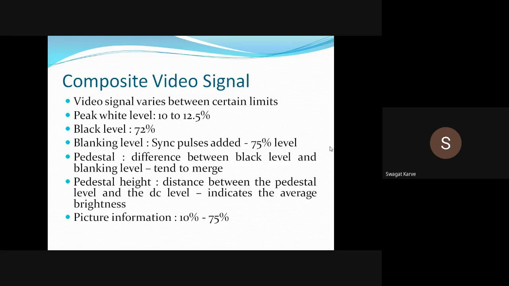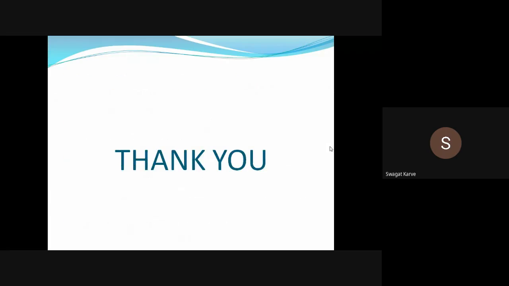Then you have a pedestal height, that means the distance between the pedestal level and the DC level indicates the average brightness. Then picture information is 10% to 72%. Then pedestal level, pedestal means the difference between the black level and the blanking level.